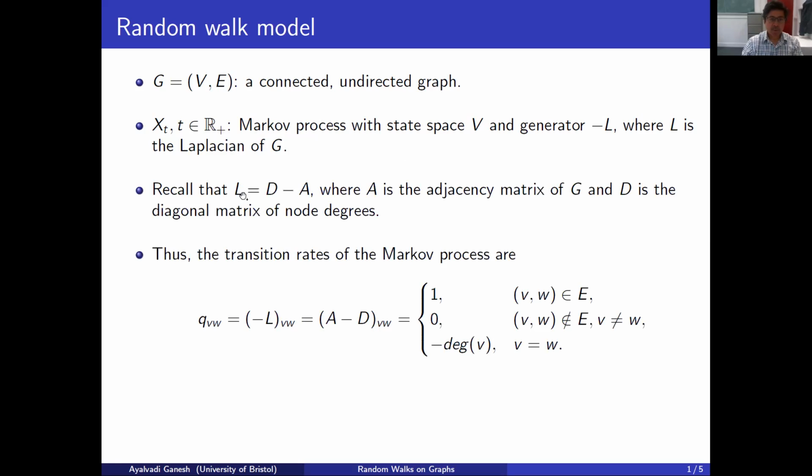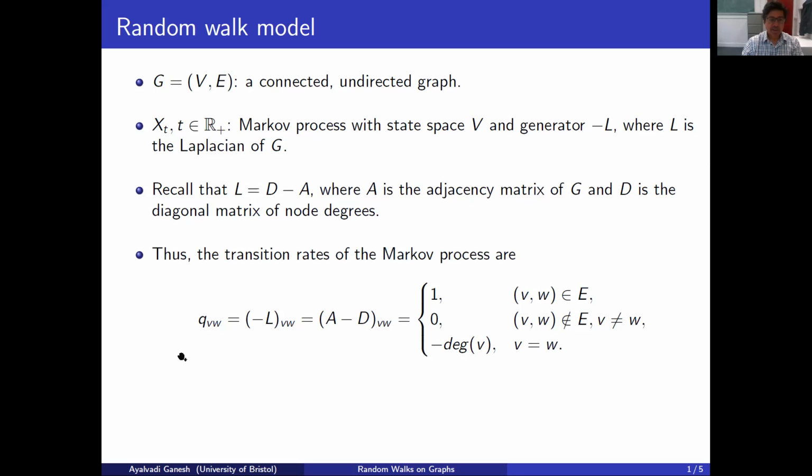Okay, so firstly, what's the Laplacian? Recall that it was defined as the diagonal matrix of the vertex degrees minus the adjacency matrix of the graph. A is the adjacency matrix. D is diagonal with the node degrees along the diagonal.